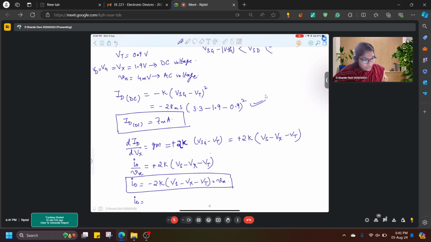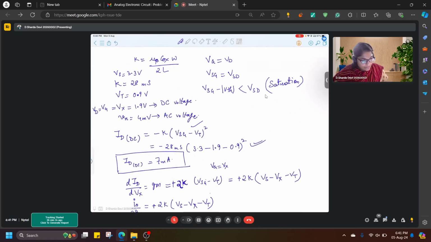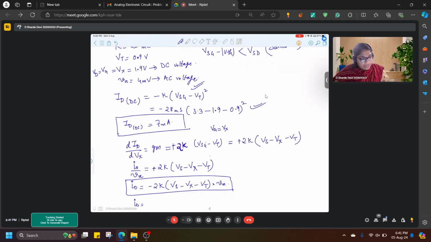In this formula we know VG equals VD. So we derive the current using VG as VD. When we derive it, ID is minus K (VS minus VX minus VT) whole square, and differentiating this with VX, we get this formula.